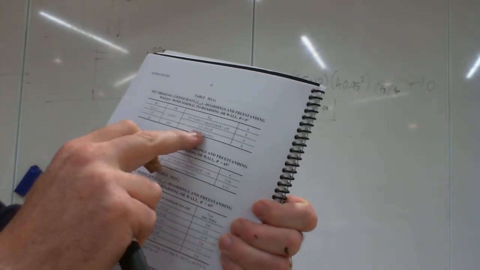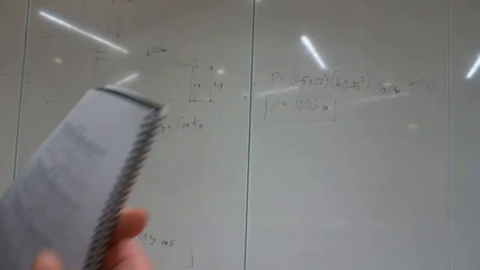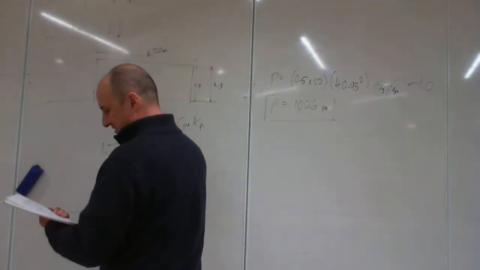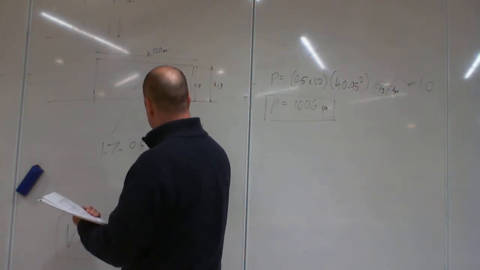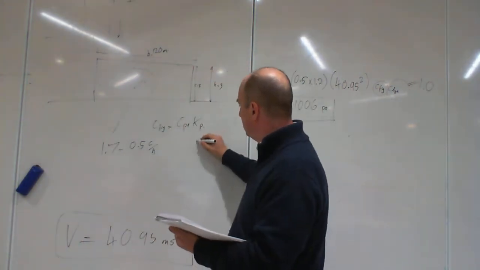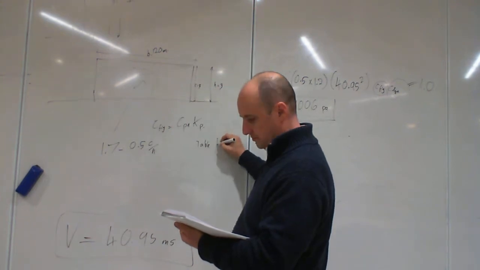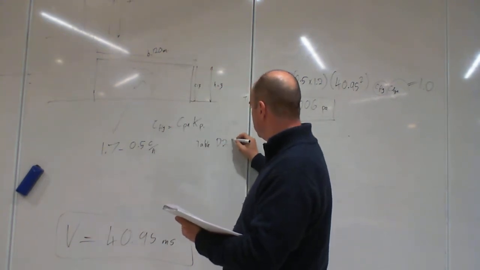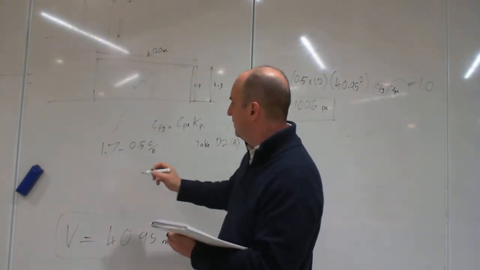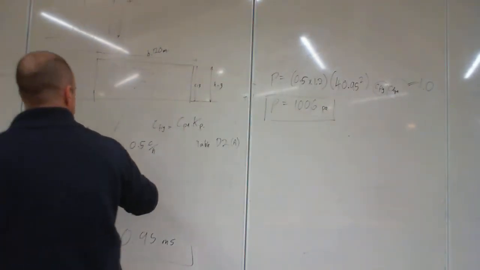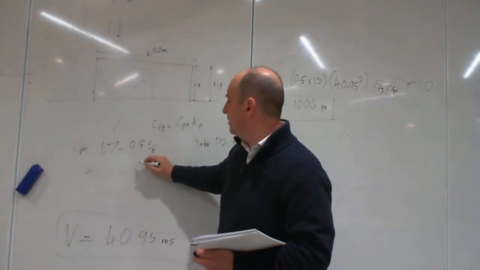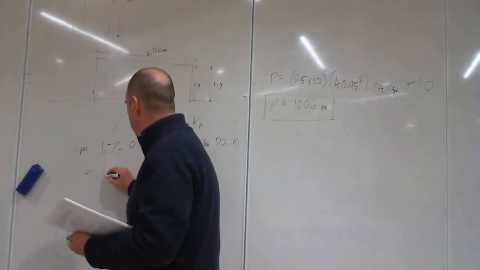This is your CPN value, 1.7 minus 0.5 times C over H, and that comes from table D2A. Alright, that's our CPN. And that equals 1.7, C over H is 1, 1.7 minus 0.5 is 1.2.